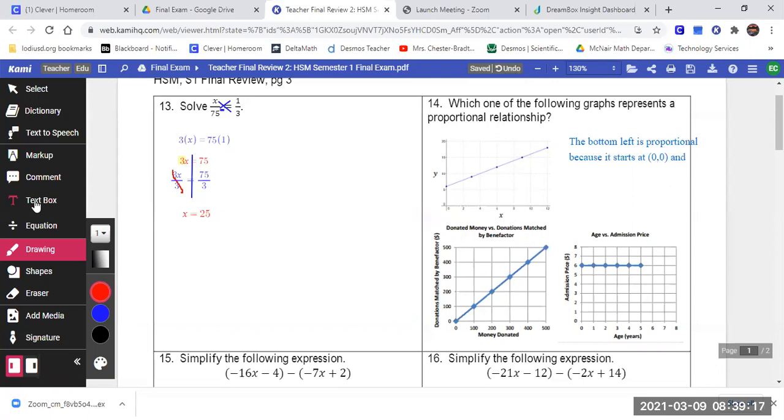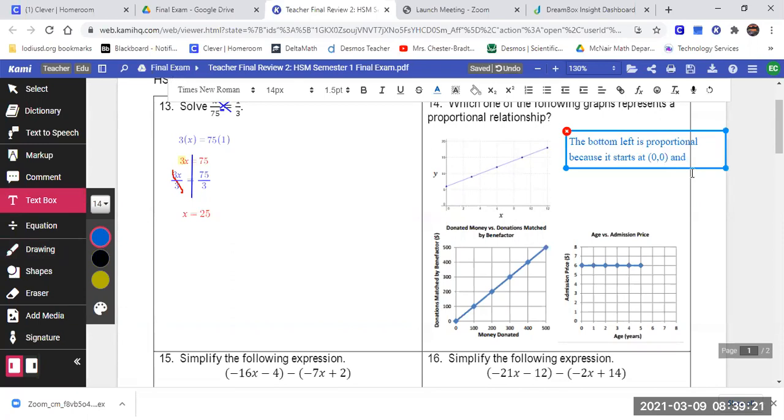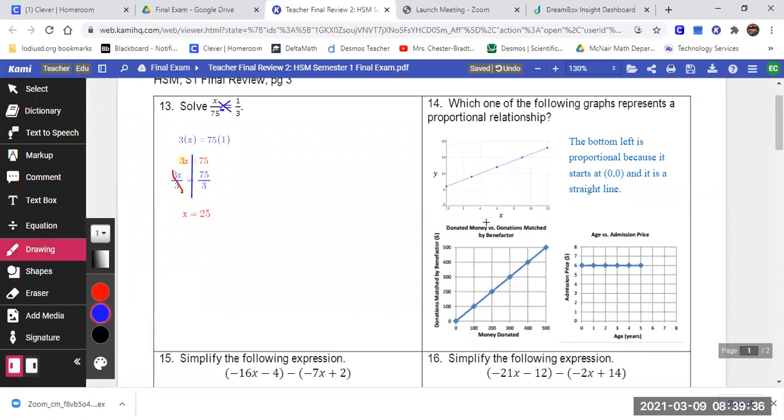So don't just say it starts at 0, 0 because there are a lot of graphs that start at 0, 0 that are not proportional. And it is a straight line. Then I'm going to use my drawing thing and I'm going to circle the one I'm saying is proportional.